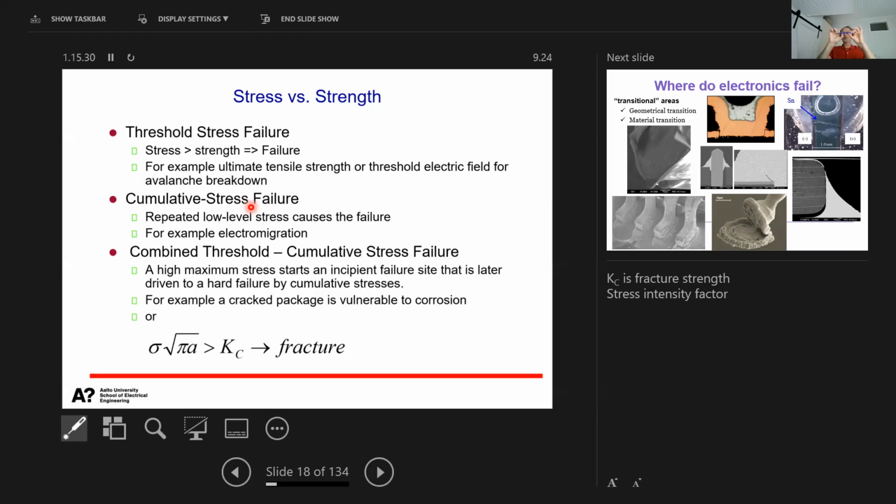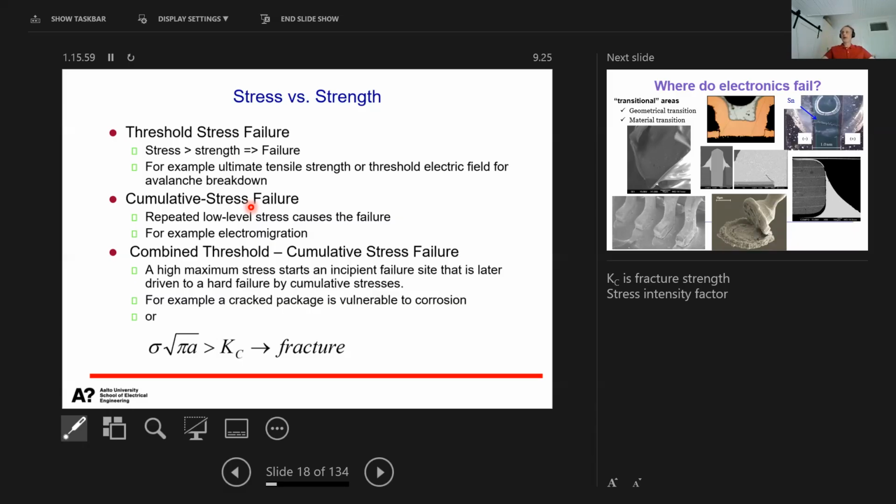But also, if we do cumulative stressing, for my polymer material, this is not a very good example because polymers are typically not that sensitive to fatigue. But in principle, if I do these repetitive bendings long enough, this pen would also fail.